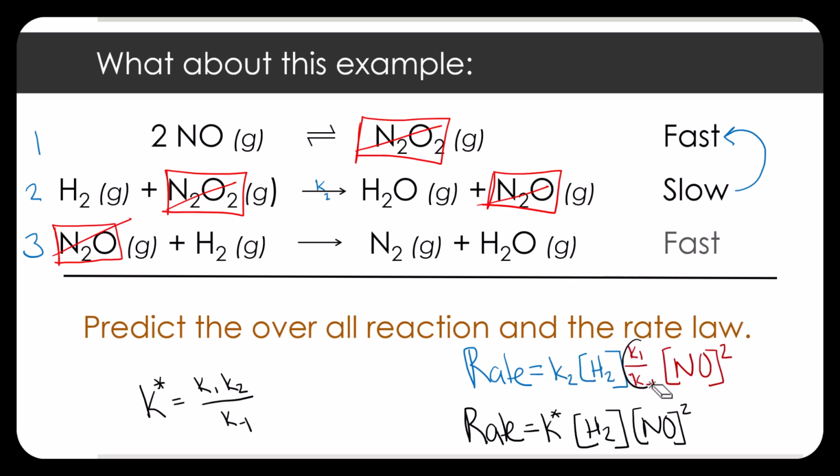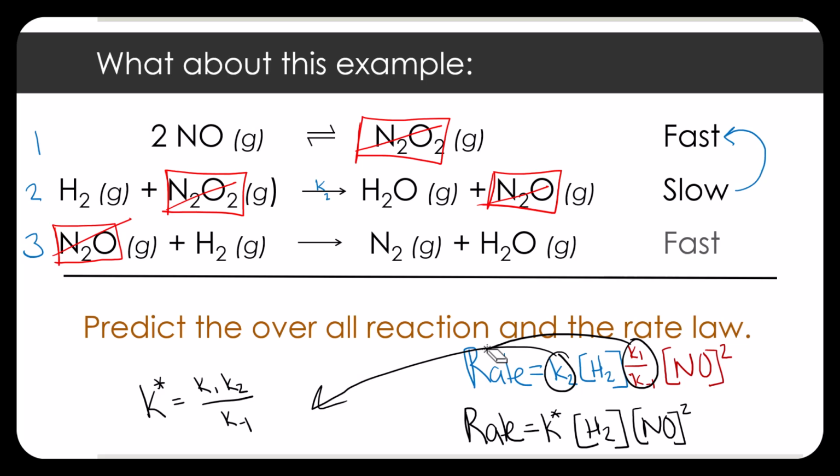I just combined these to make that. So that's how we determine the rate law of the overall reaction when the first step is a fast step.